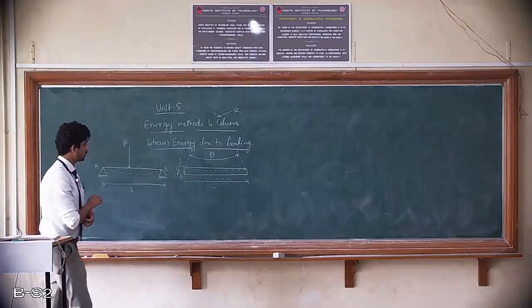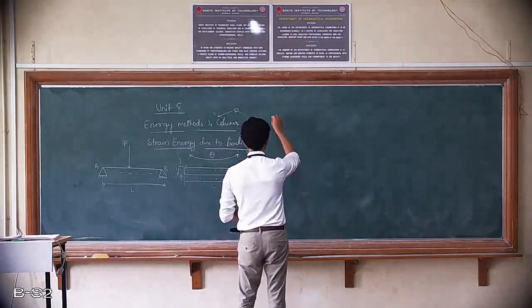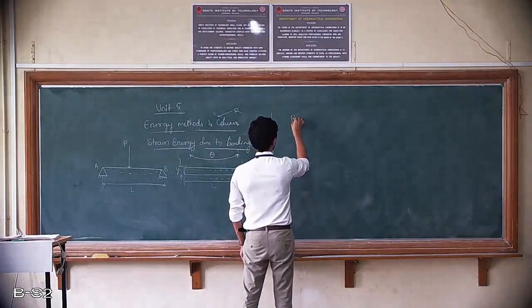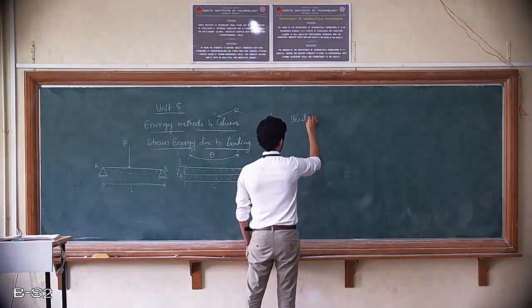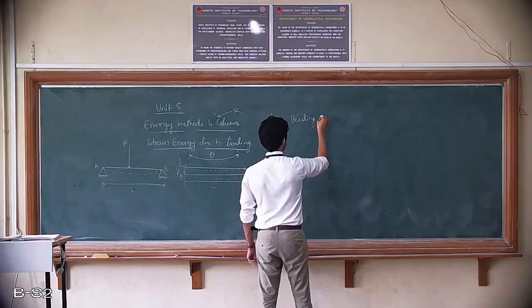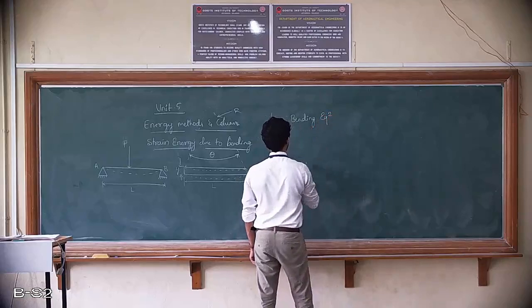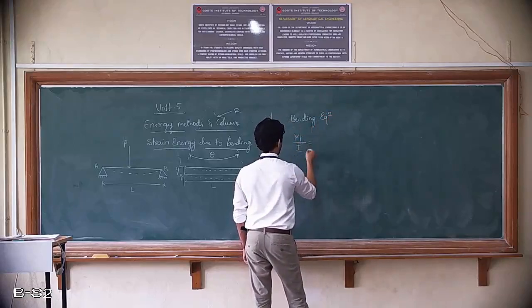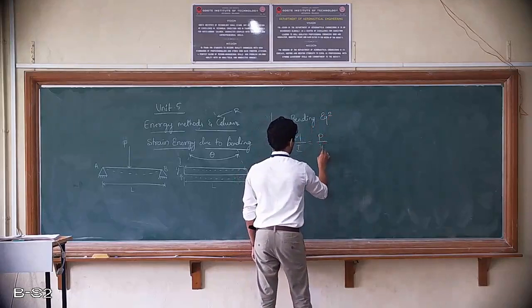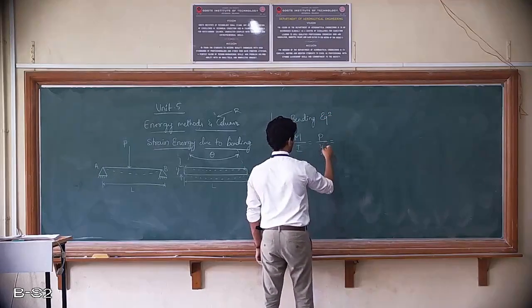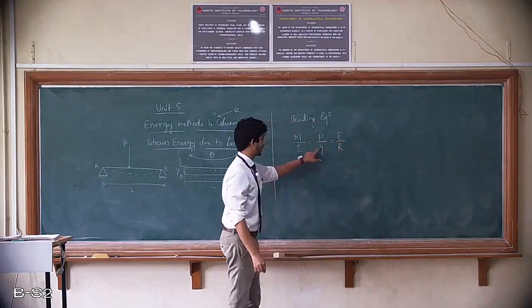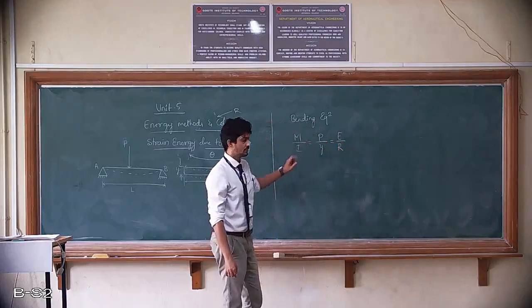If we look at the bending moment equation, which you have already studied in mechanics of material, that is nothing but M by I equals sigma by y equals E by r, where y is nothing but the deflection here, which is going to take place.